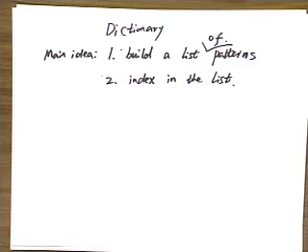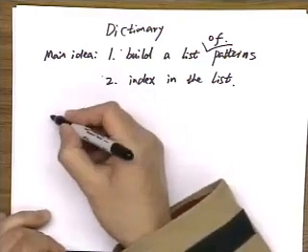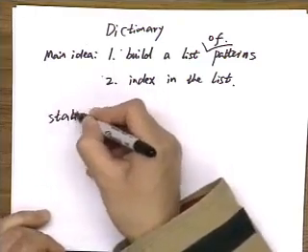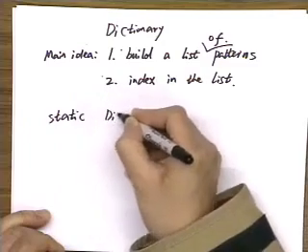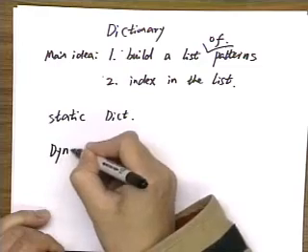So the dictionary exploits the fact that certain patterns appear again and again in certain messages. And there are two kinds of dictionary. The first one is the static dictionary, and the second one is the dynamic dictionary.